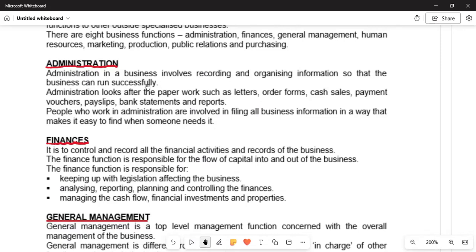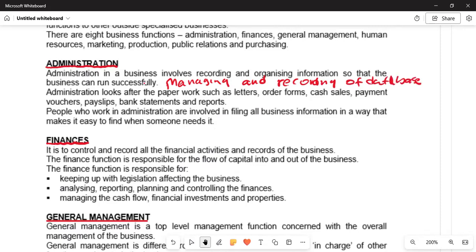Here we are going to talk about managing and recording of database.